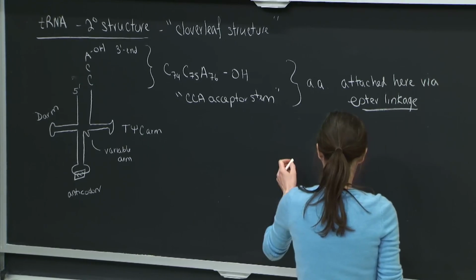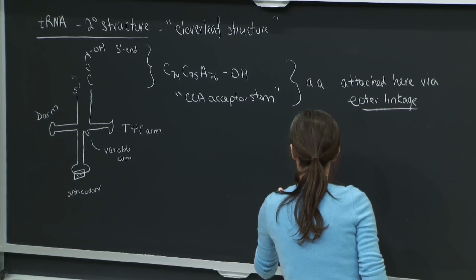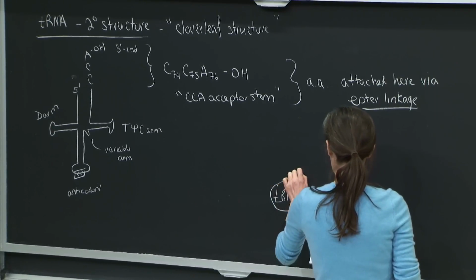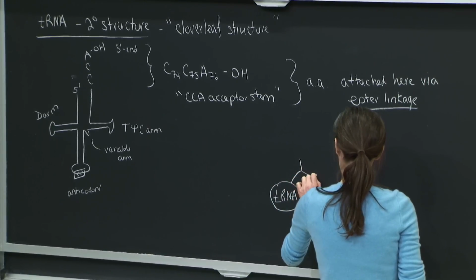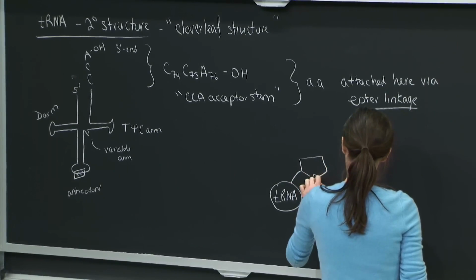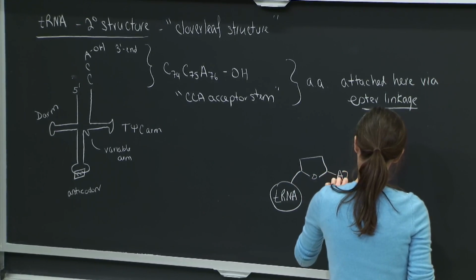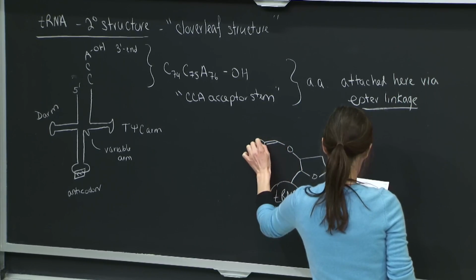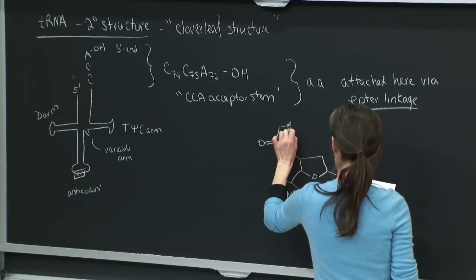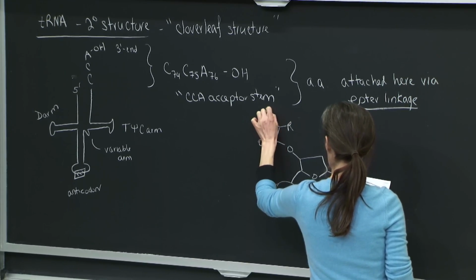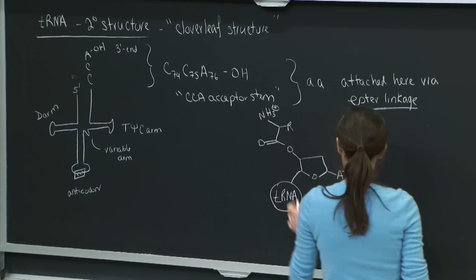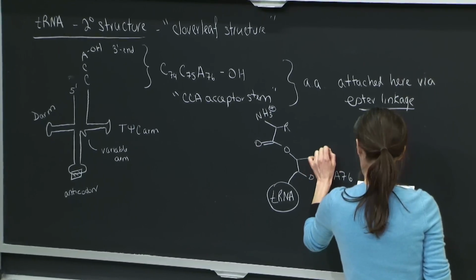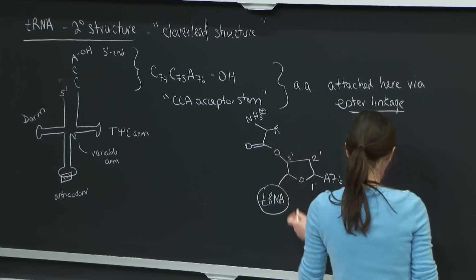So we can imagine, if we abbreviate the tRNA structure like this, and if we think about the sugar of A76, we have 1 prime, 2 prime, 3 prime here.